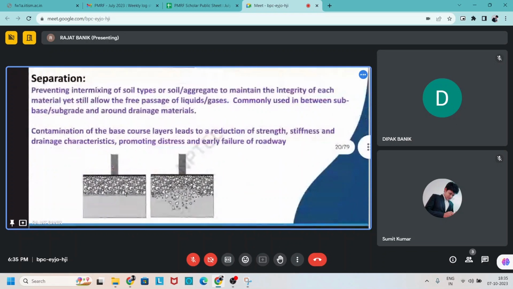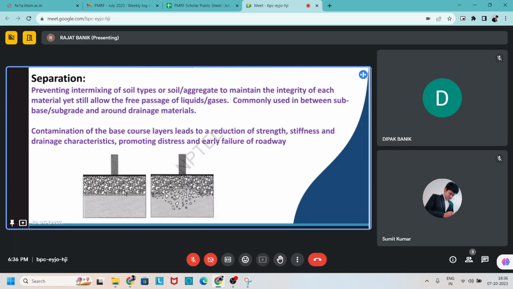Then we come to separation, geosynthetic material as a separator. It prevents intermixing of soil or aggregate to maintain the integrity of each material, yet still allows the free passage of liquid and gas. Commonly used in between the subbase and subgrade, and around drainage material.